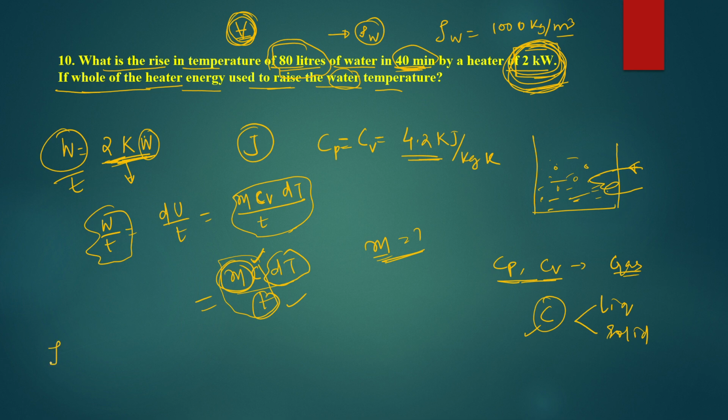Density of water is equal to mass per volume, and if we know the density and the volume, then obviously we can find out the mass. So mass is the density of water, 10 to the power 3, times the volume. The volume is given in liters: V is 80 liter, and converting that into meter cube, I can write 80 into 10 to the power minus 3 meter cube.